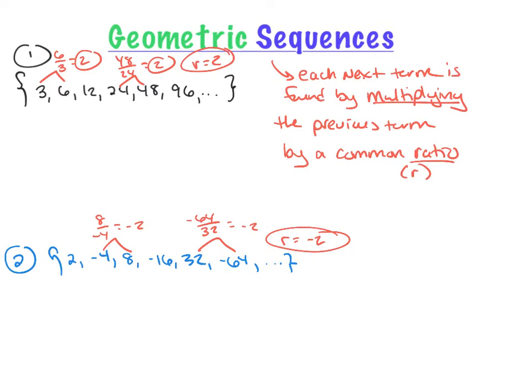Just like in the previous section, where a big part of geometric sequences and arithmetic sequences is finding a formula for your a sub n's, we're going to do that here too. So we want to find a formula for our nth term. That way, if we're asked to find out what the 17th term is, we don't have to list out 16 before it and then multiply.